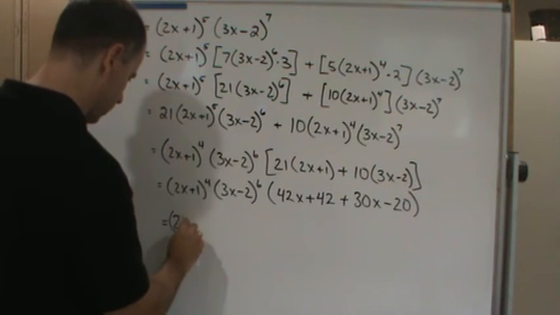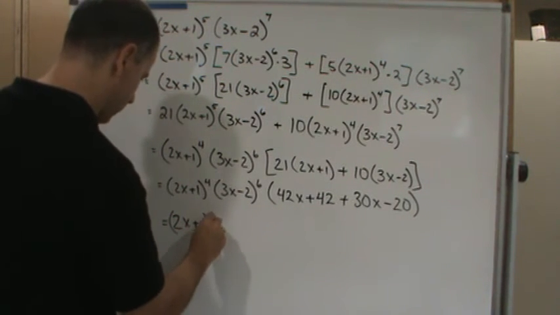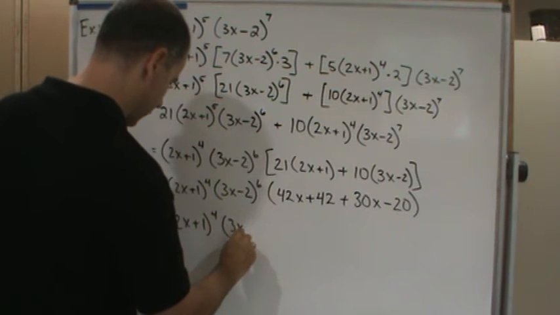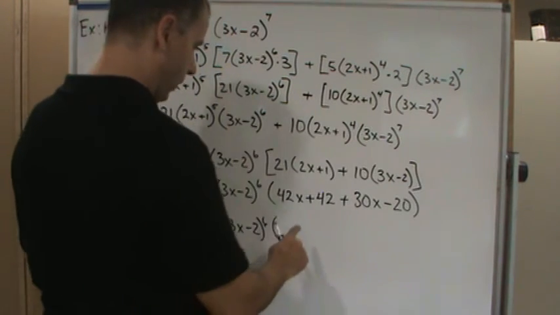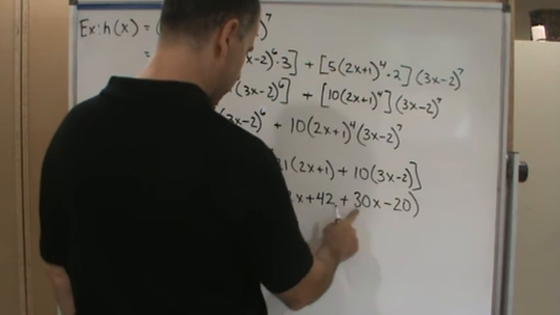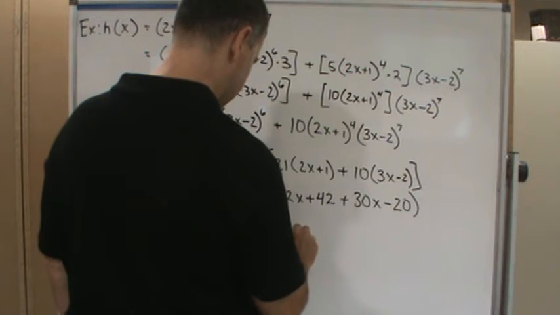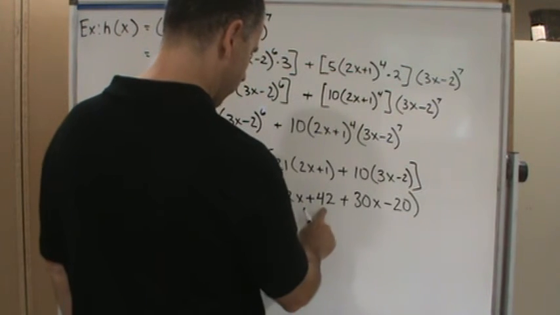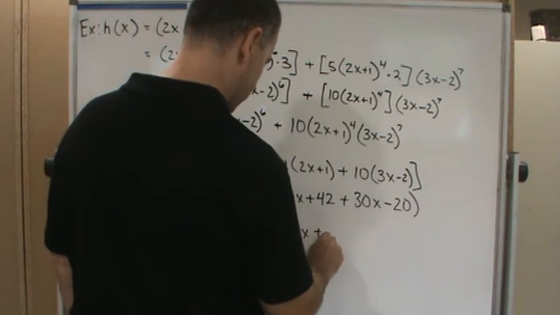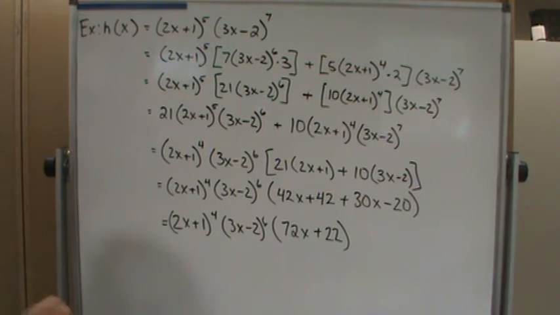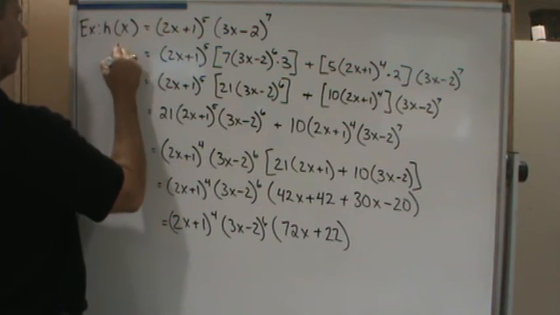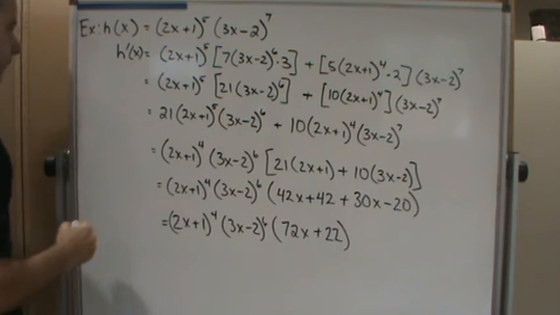And so we get (2x + 1) to the 4th, (3x - 2) to the 6th. And then what do we get? Well, 42x plus 30x is going to give us 72x. 42 minus 20 is going to give us 22. And there it is. That is the final result. So let's go back up here. This is h prime of x.